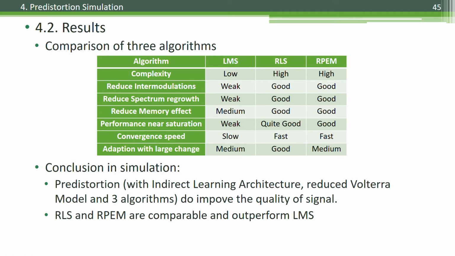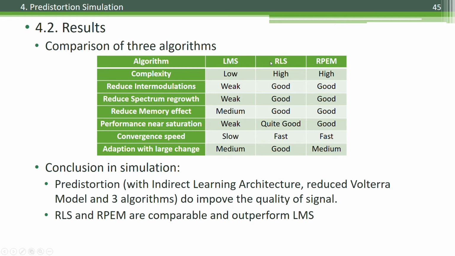So I summarized all the results and built a comparison table of the three algorithms. The least mean square algorithm has the lowest complexity of the three algorithms, but its performance is very weak.